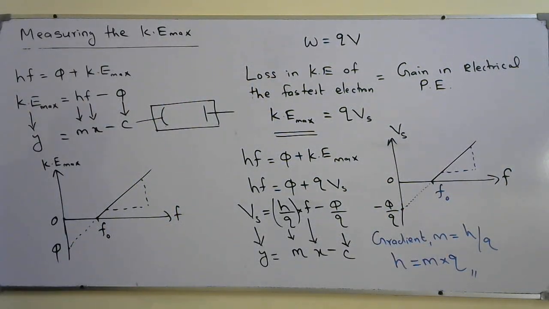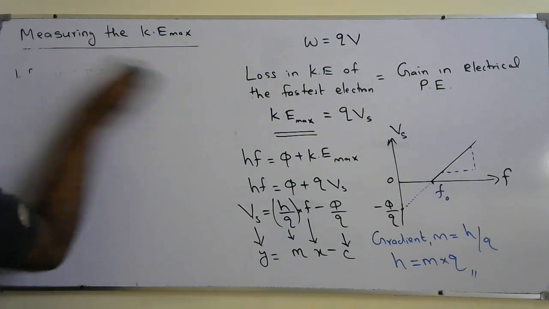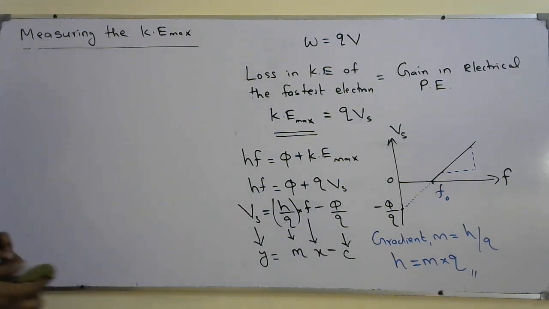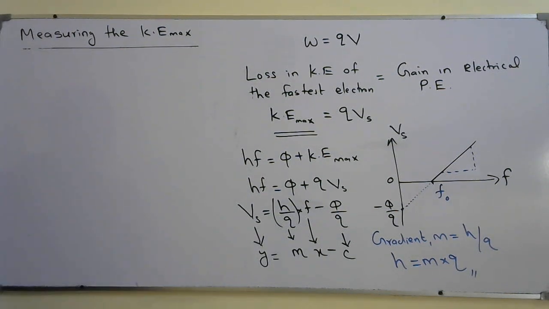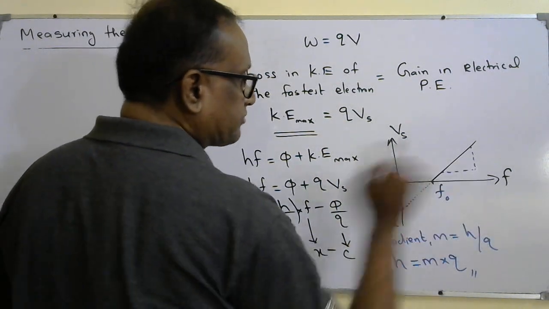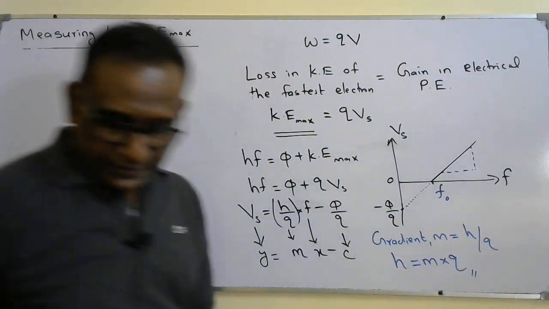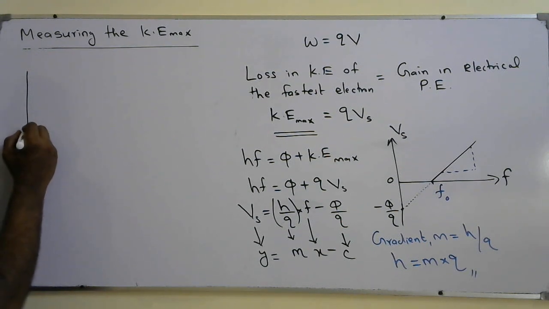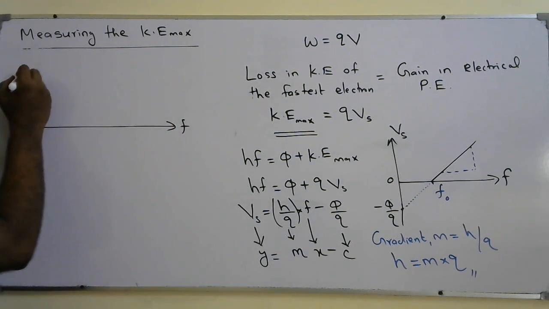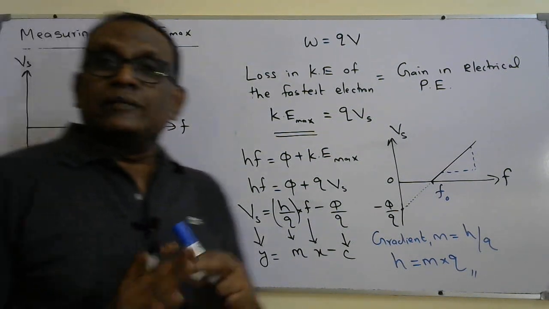If you do the same experiment with different photovoltaic cells that have different metals as the emitting electrodes, and I consider this graph, stopping potential against frequency for three different types of photovoltaic cells, you have done the practical and got three different graphs. This is Vs. All three graphs will be parallel to each other.